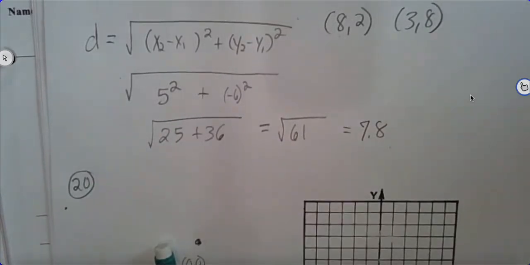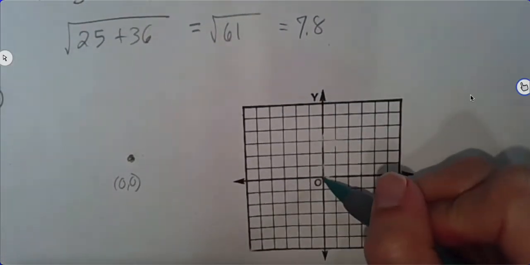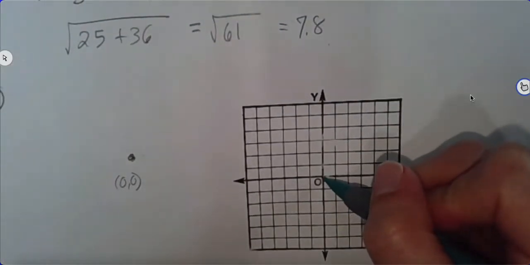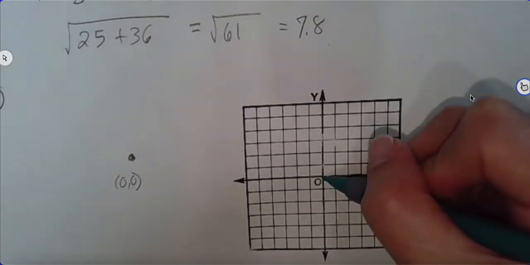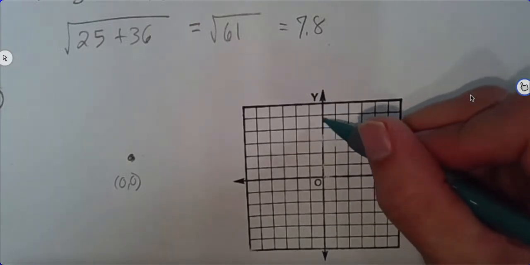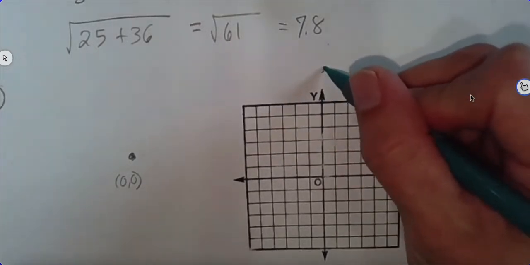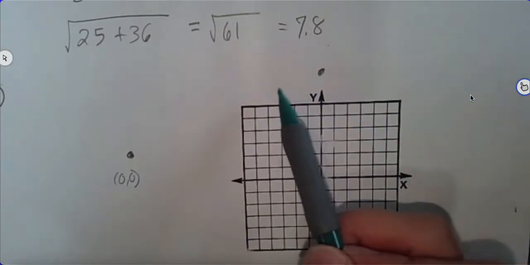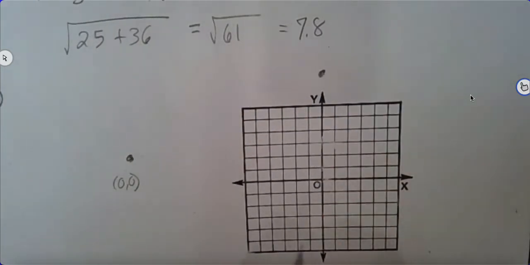Oh, it worked. Okay, so I'm going to start here at 0, 0. And then it says he's going to walk 8 blocks north. I don't have 8, but we're just going to go with it. 1, 2, 3, 4, 5, 6, 7, 8. Is everybody good with that's 8 blocks north? Yeah?